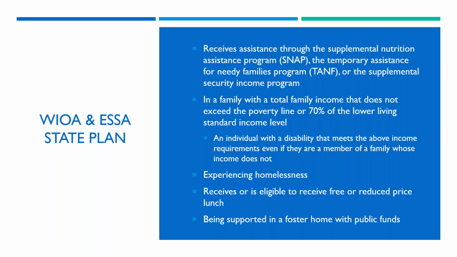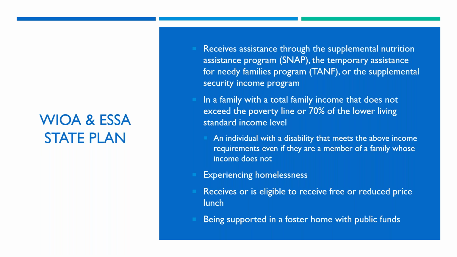And then within this, if a student is a student with a disability that meets those above income requirements, so the student does not exceed the poverty line, 70% of the lower living standard income, but they are a member or part of a family who does not meet those income requirements, they still fall within this category of economically disadvantaged.